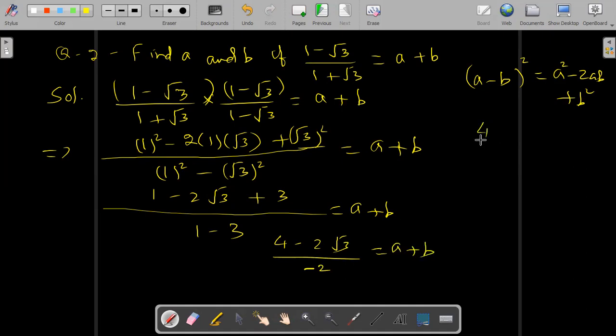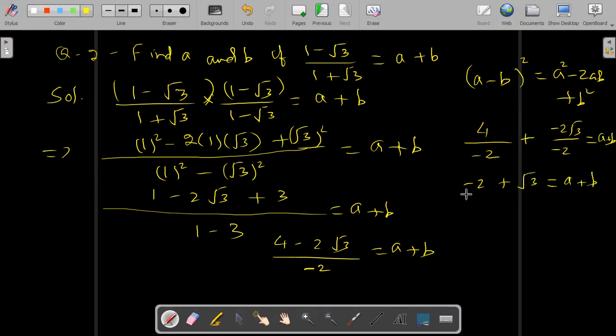Now write in the split form: minus 2, and here you can write plus minus 2 root 3 divided by minus 2 is equal to a plus b. 2 into 4... this will become minus 2, and minus and minus will cancel. Minus 2 root 3 is equal to a plus b.